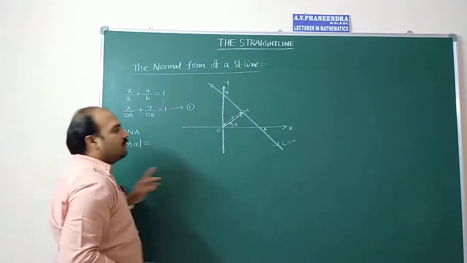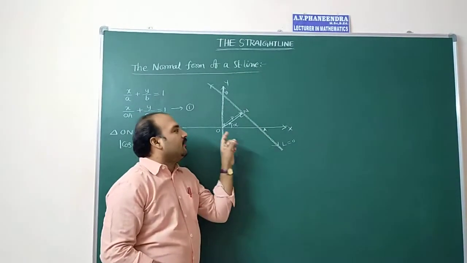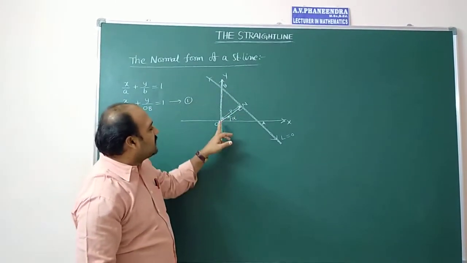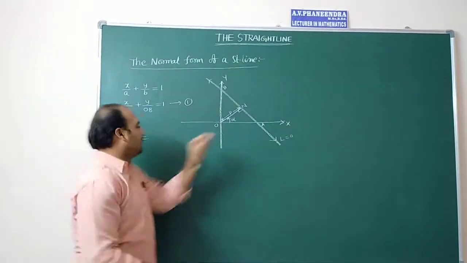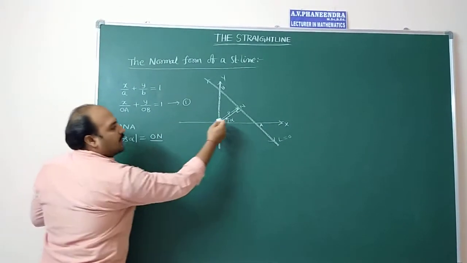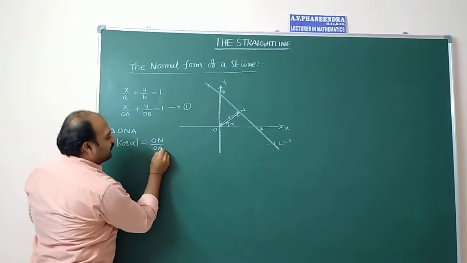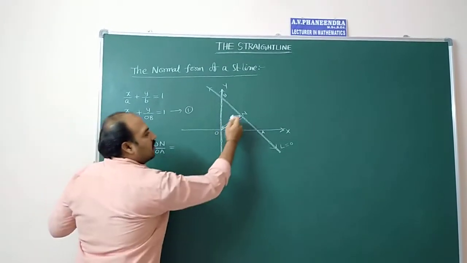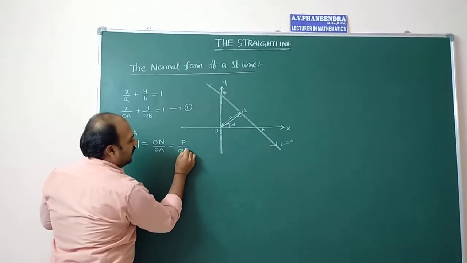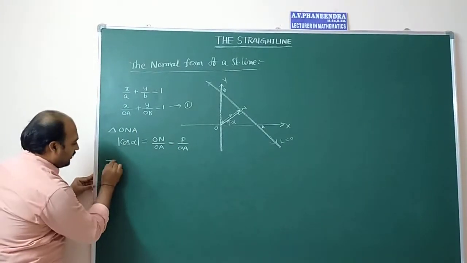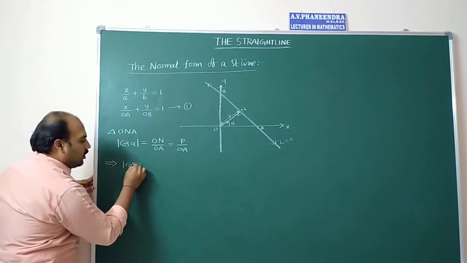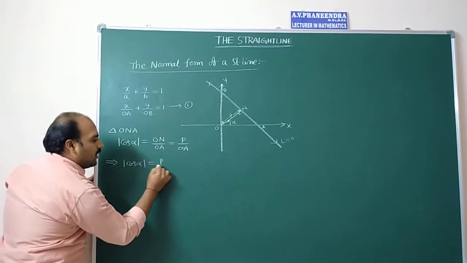Definition of cos alpha from triangle ONA: this is the angle alpha, cos alpha is adjacent side by hypotenuse. The adjacent side here is ON, the hypotenuse is OA. From the diagram, ON is equal to P, so mod cos alpha equals P by OA.